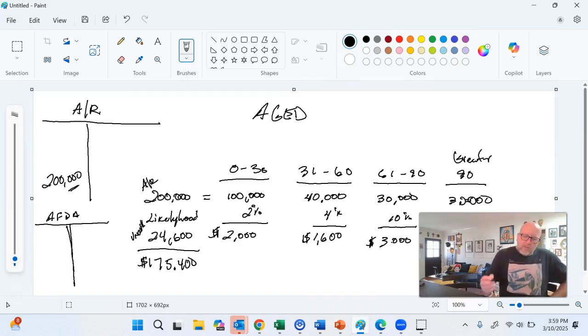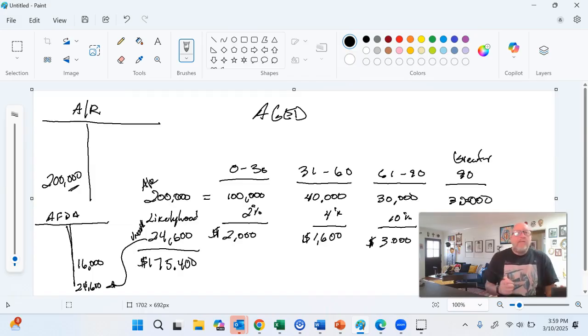And let's just assume that it's currently 16,000. So what we're saying is we need to go from 16,000 to 24,600, and therefore, what should the adjustment be?